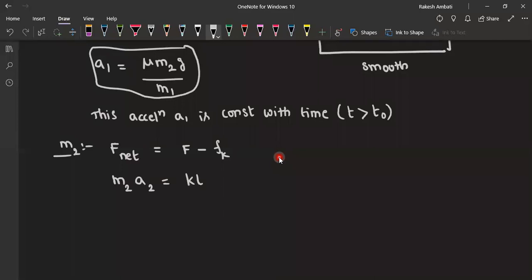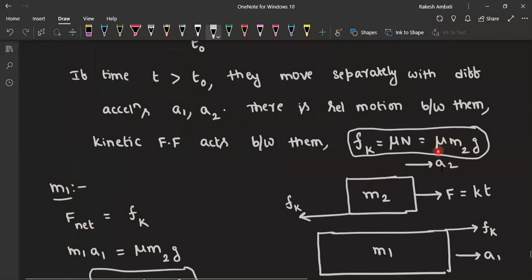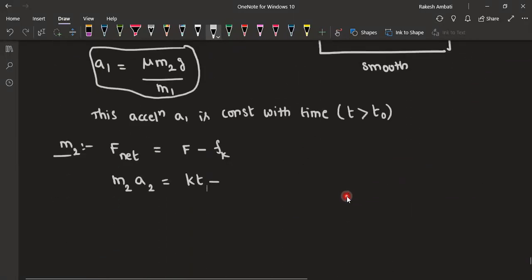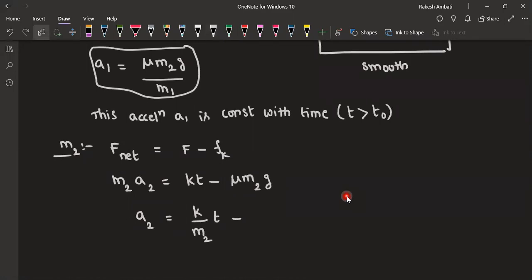Applied force is Kt minus the kinetic frictional force, which we already have as mu M2g. So dividing with M2 on both sides, A2 equals K upon M2 times t minus mu g.